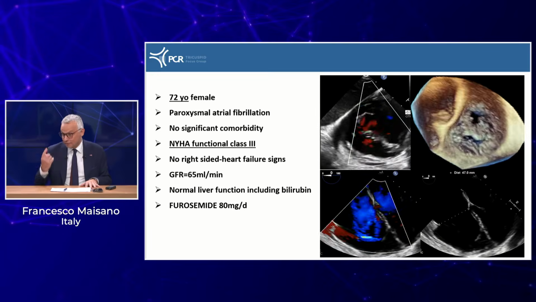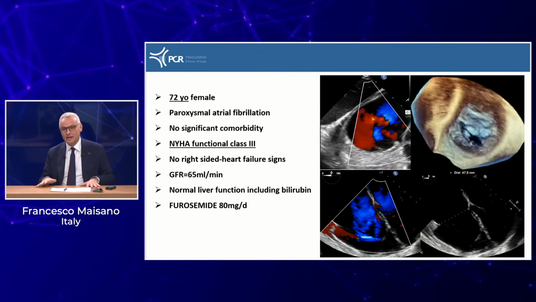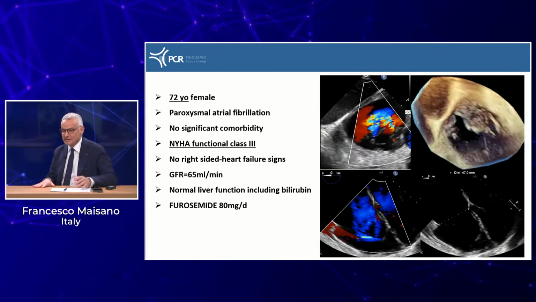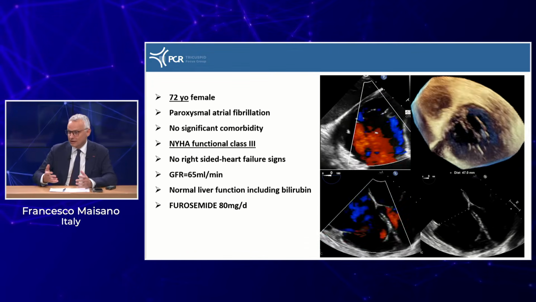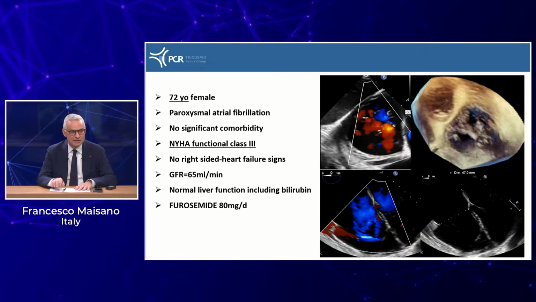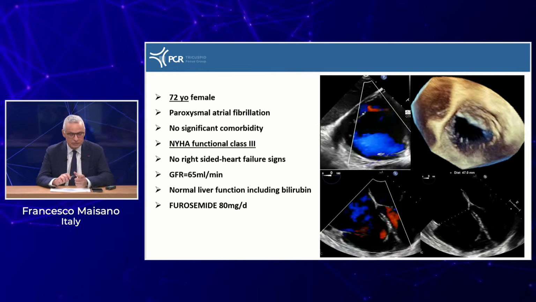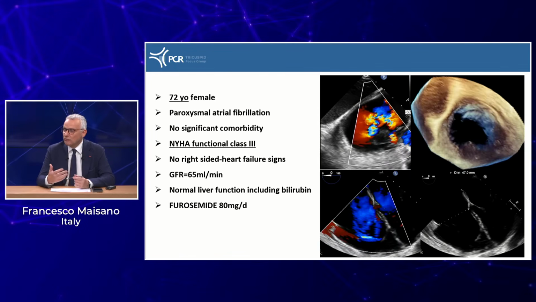And actually, for the first time ever in the guidelines, there is a class 1 indication for assessing these patients in a heart team, in a dedicated multidisciplinary team. So Julien, why don't we review what the content of this is, and what this heart team specific for tricuspid interventions should be?